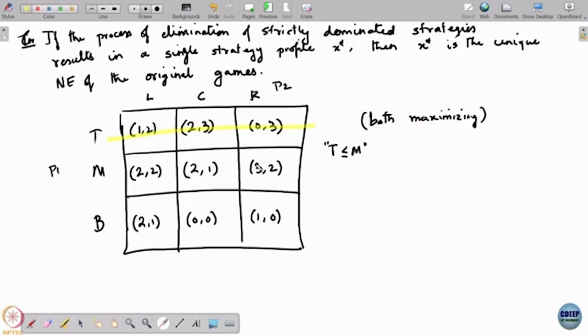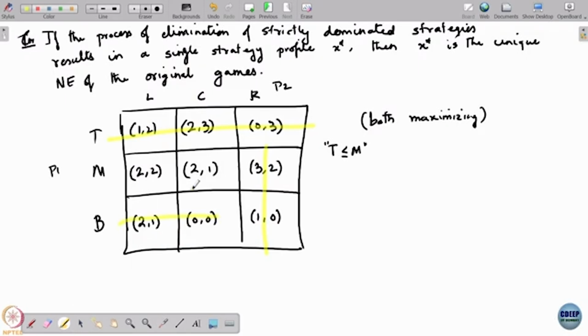Suppose I remove R here. Now I am left with this smaller box. Now M weakly dominates B, so you can again remove this.